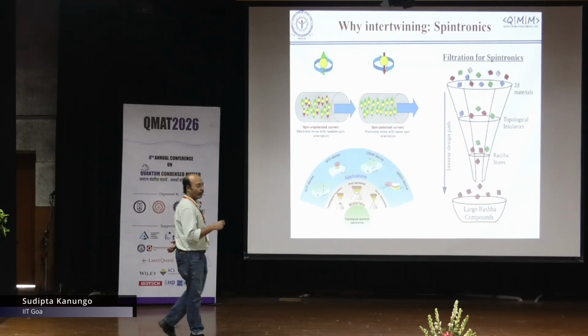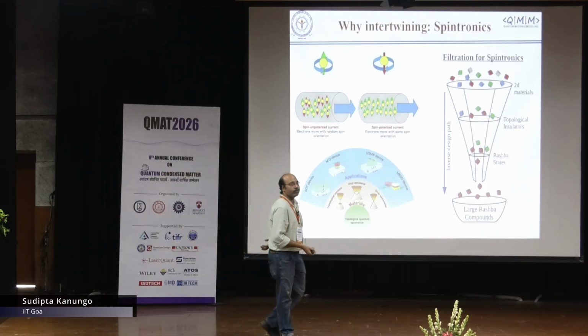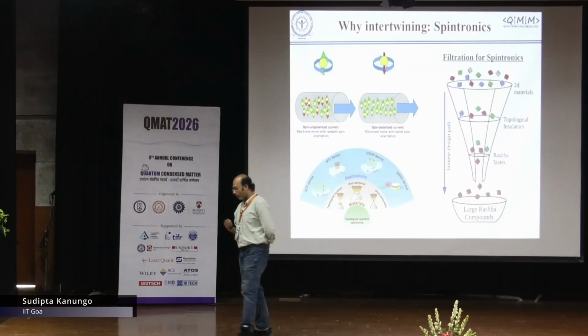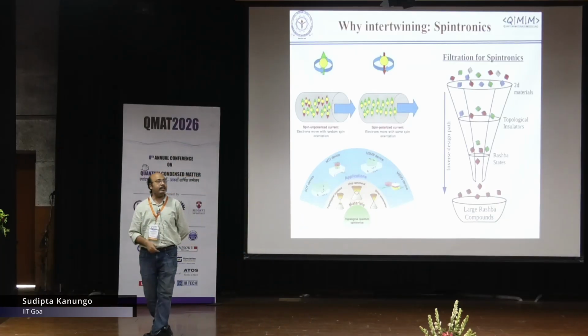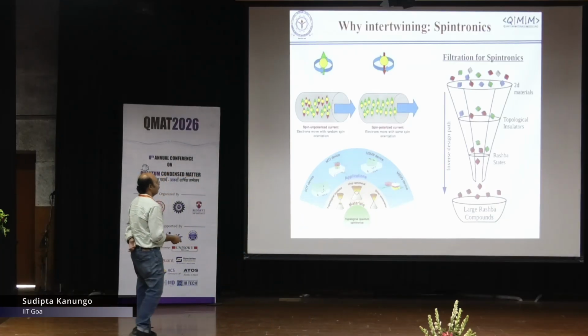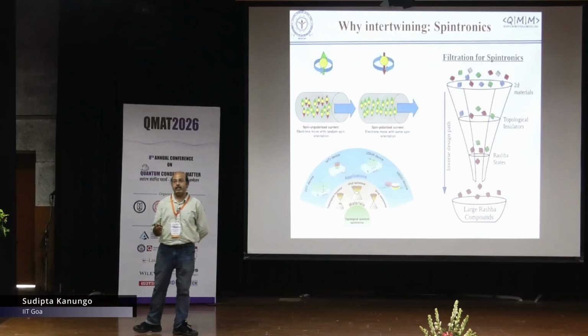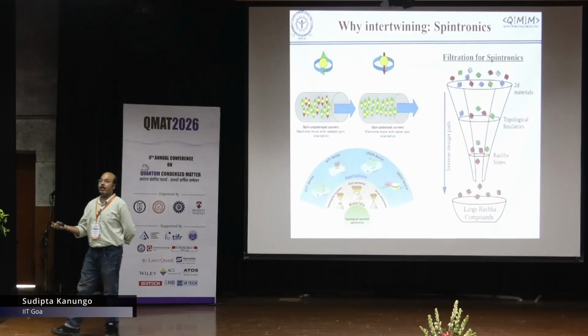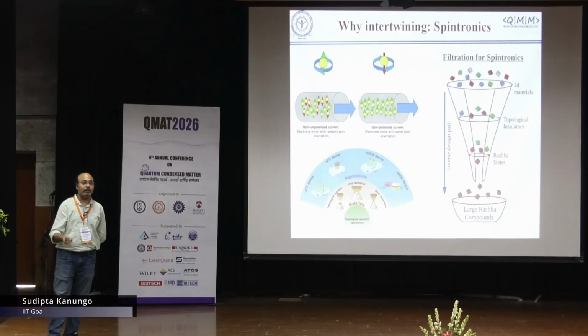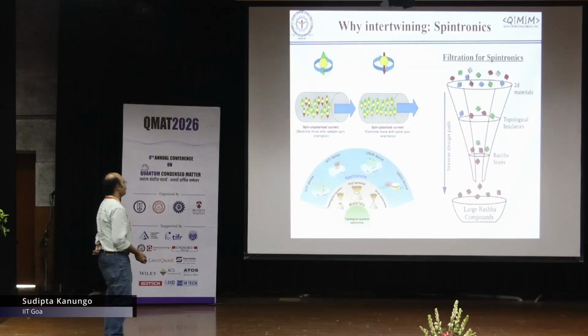Why do we want to stitch together topology and the Rashba effect? In the case of the Rashba effect, we have spin split bands even in the presence of time reversal symmetry, that is, in the absence of magnetism.